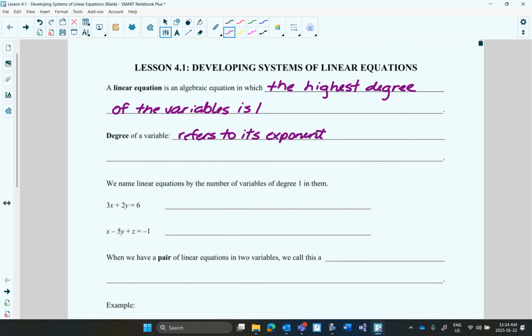So for example, if you've got this, it is third degree because its exponent is 3. If you've got this, it is second degree.